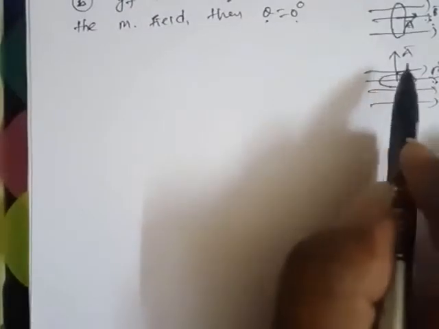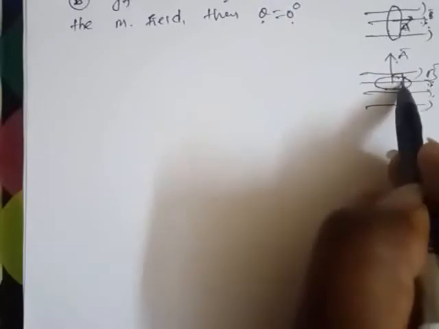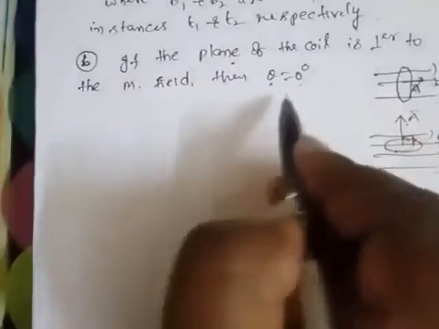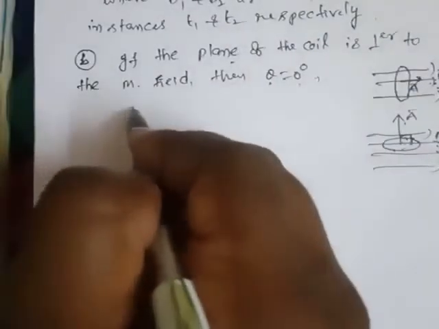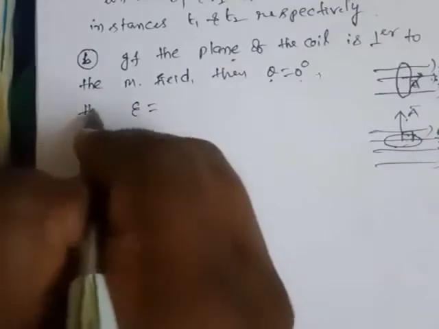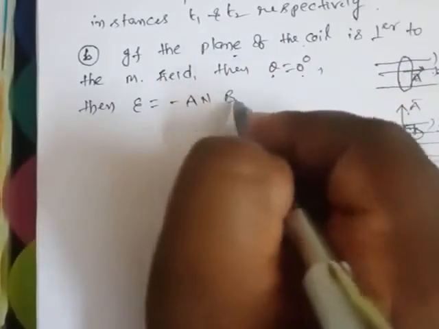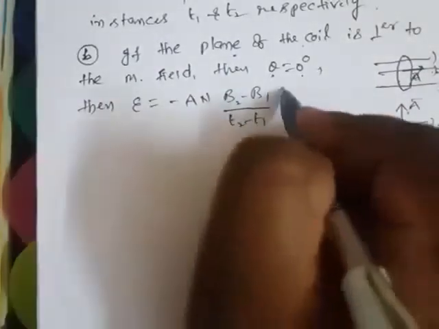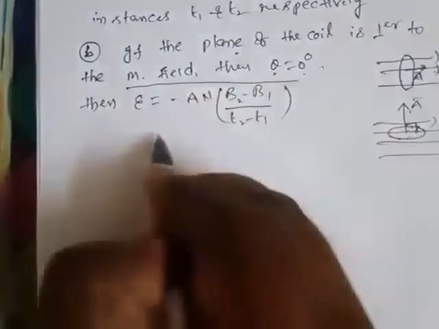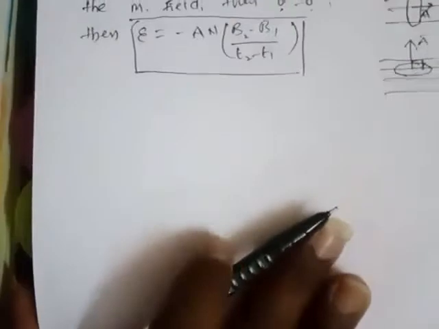When the plane of the coil is parallel to the magnetic field, the angle between the area vector and B is 90 degrees. Keep this in mind. That's why we have taken theta as 0 degrees here. Then we can write the induced EMF as minus A into N, cos 0 becomes 1, and the remaining expression is (B2 minus B1) by (T2 minus T1). So this is the second note.